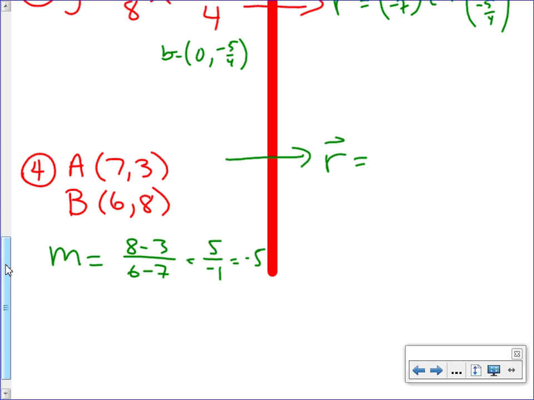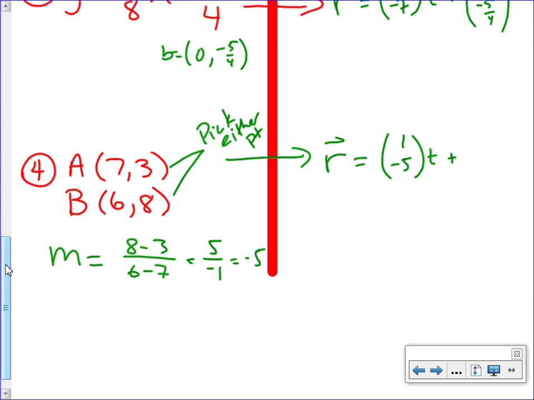So r is equal to, actually that gives it to us, isn't it? Yeah, the 1 over negative 5 or something. Now here's the fun part. Either of them could be your position vector. Any of these points. So you want to pick either point to be your direction vector.